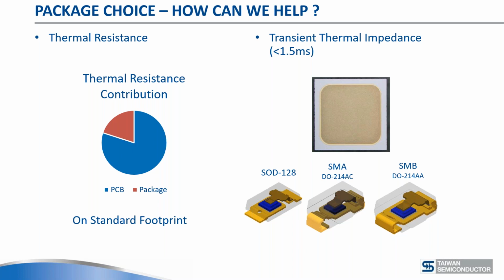However, the thermal resistance of these packages is a little bit more complicated. If you look at a standard footprint, the contribution of the PCB is usually over 80%, and of the package it's 20%. So if you improve the package, it doesn't really make that much of a difference, especially since if you make things smaller, in general, the thermal resistance is going to go up because you have smaller solder pads, for example.